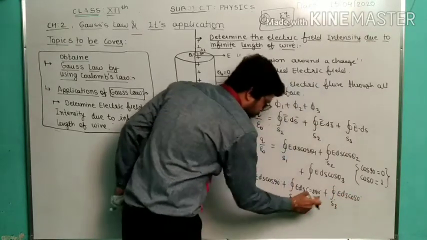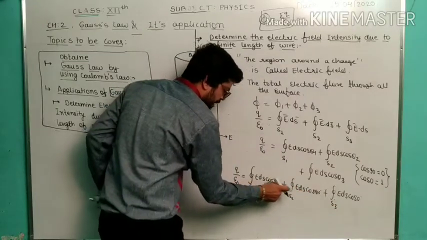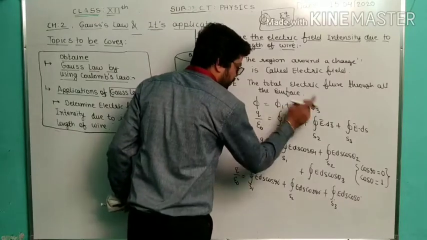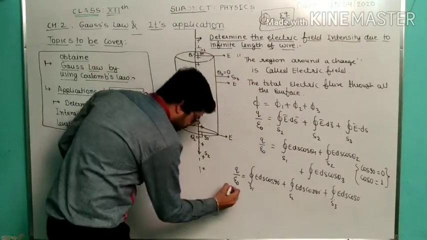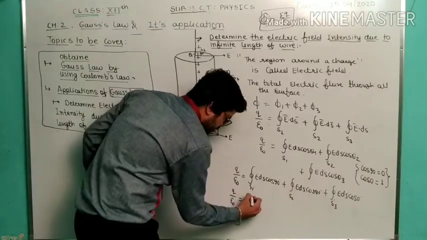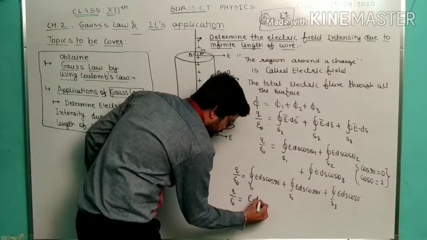Okay, S3 cos 90 is 0, cos 90 is 0, 0 is multiplied with this, 0 is multiplied with this, so both are 0. So phi 1 is 0, phi 2 is 0, phi 3 is not going to be 0. So q by epsilon naught. So now what remains is E dot ds.